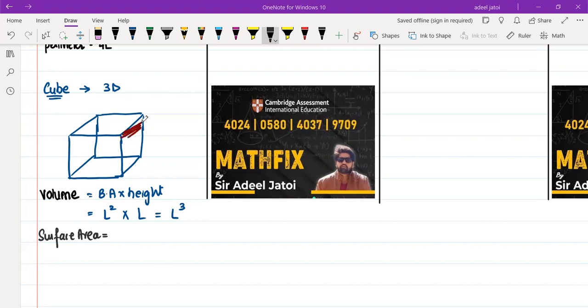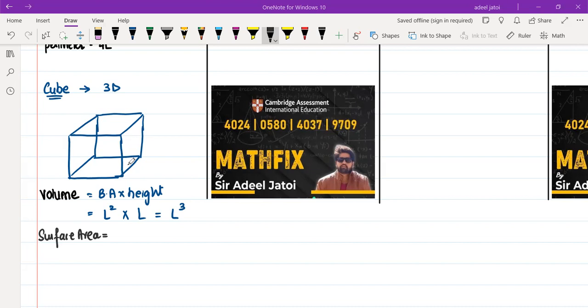So how many squares do we have in cube? The same type of squares. 1, 2, 3, 4, 5, and 6. So we have 6 same type of squares that will make up the cube.